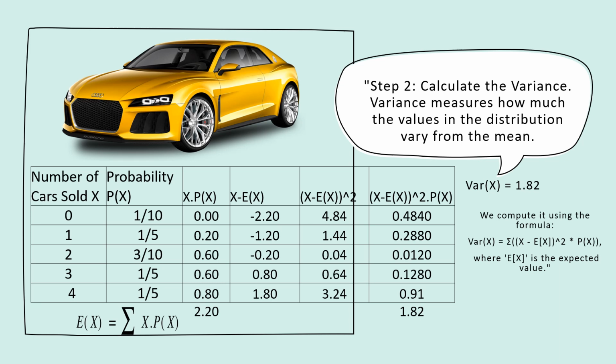After that, this 4.84 multiplied by the probability of 1 over 10 becomes 0.484. Following the same procedure for 1, 2, 3, and 4 and adding up, we have 1.82. This 1.82 is the calculated variance of the number of cars sold.